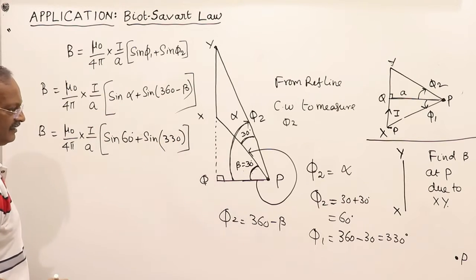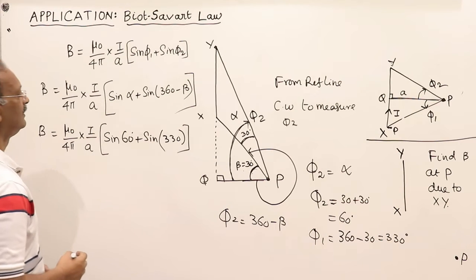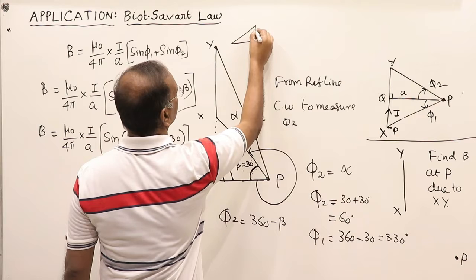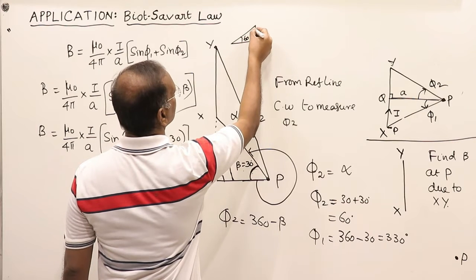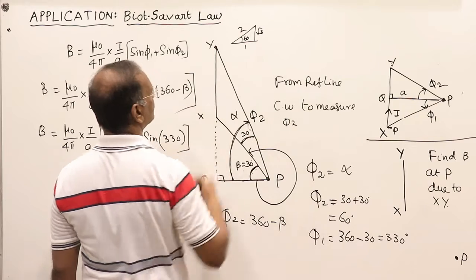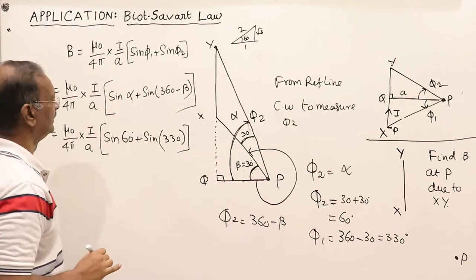We will use some little trigonometry also. Sin 60 means this triangle will be handy: 60 degree, this will be 30, here we will put root 3, this is the hypotenuse. So sin 60's value is over.